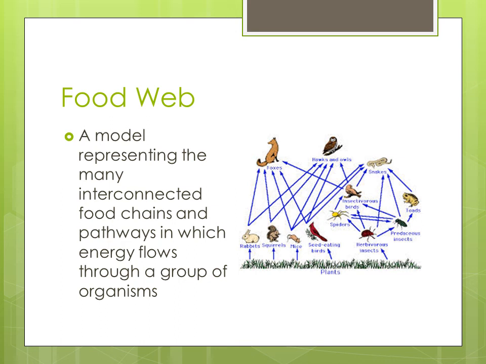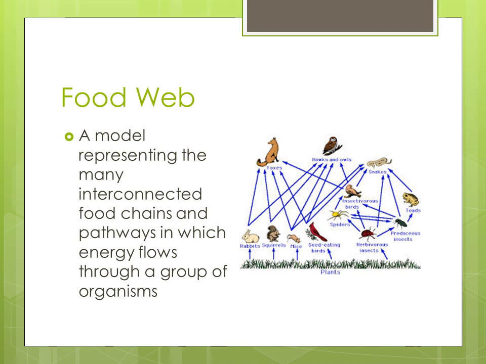We start again with our base, which are the plants. The arrow goes up, which means that the arrow between the plants and the mice points towards the mouse, meaning the mouse eats the plant. Where the arrow is pointed to is what is eating. It's showing energy flow.